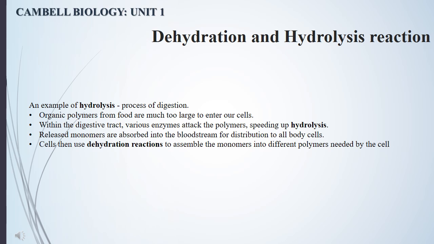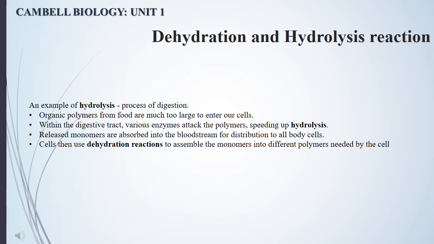So within the digestive tract, a number of different enzymes attack these polymers and speed up the hydrolysis and produce a number of monomers, which are then absorbed into the bloodstream and distributed throughout the whole body to all the cells.